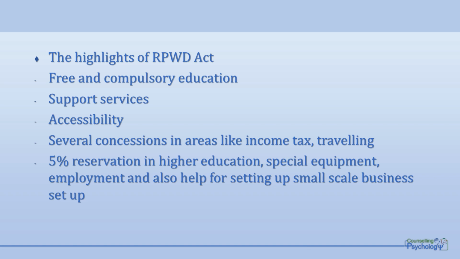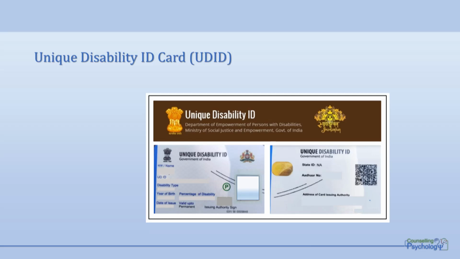Most important point to remember is to get a proper assessment and diagnosis done from a certified and licensed professional or from the government hospital. Another important thing to remember is getting a unique disability ID card or UDID, which is mandatory for getting all these concessions under the RPWD Act.